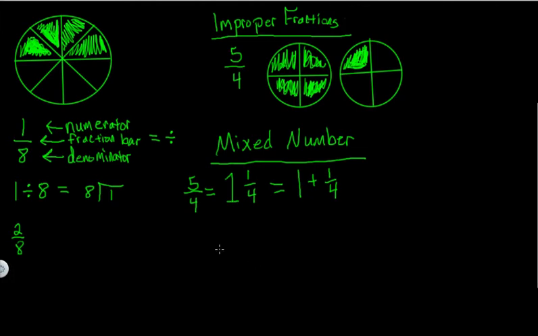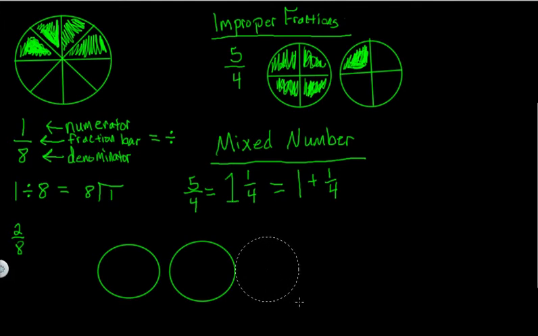So another example, if I were to, let's say, have this example. So let me draw some pies, and it doesn't have to be pies, it can be any shape. We're just dealing with parts of it and pretending that those are all equal. This time I'm going to divide them into thirds like this.